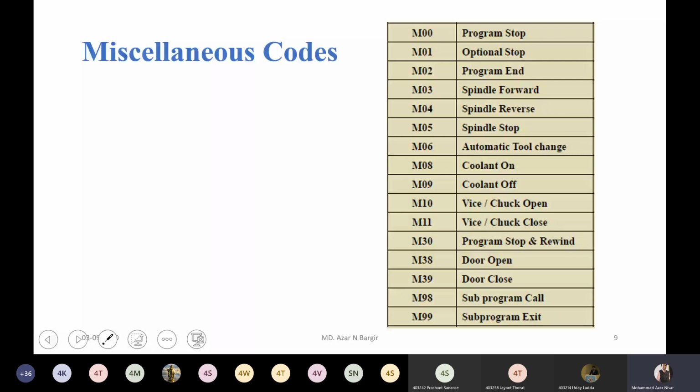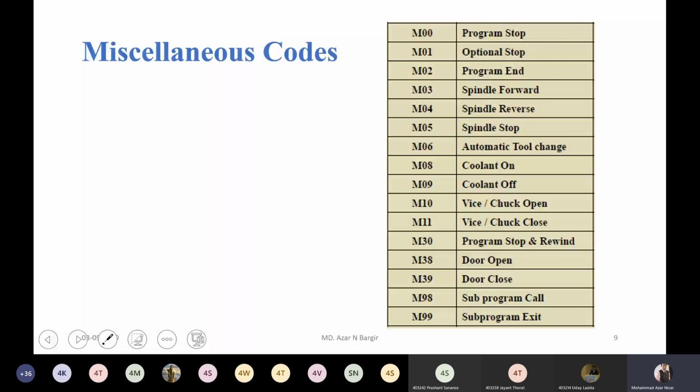First we see what these M codes are: miscellaneous codes, and for what purpose they are used. M00 is used to stop your program. M02 is also used for programming, and M30 is also used for program stop and rewind.